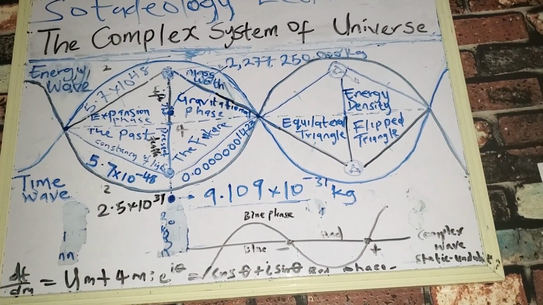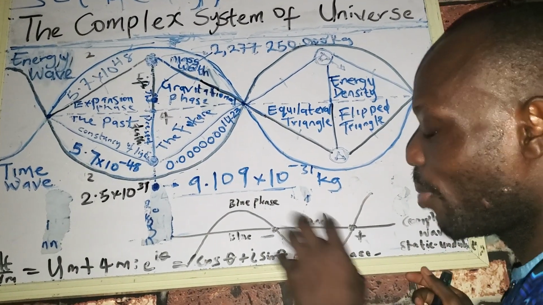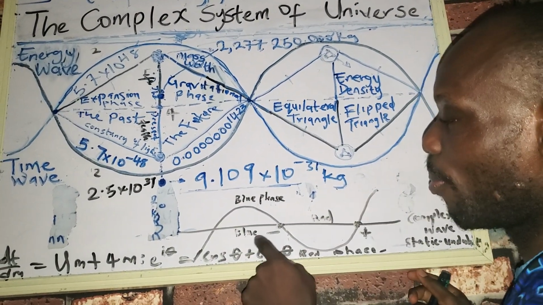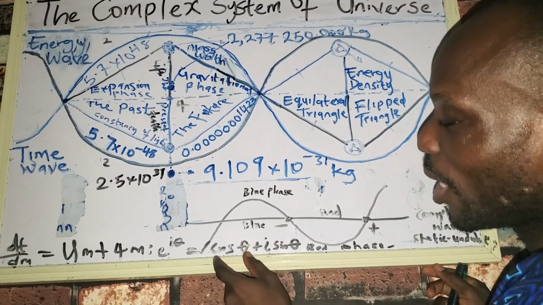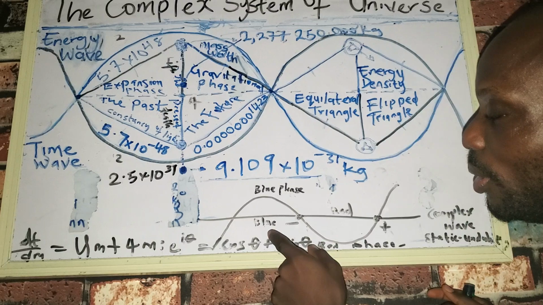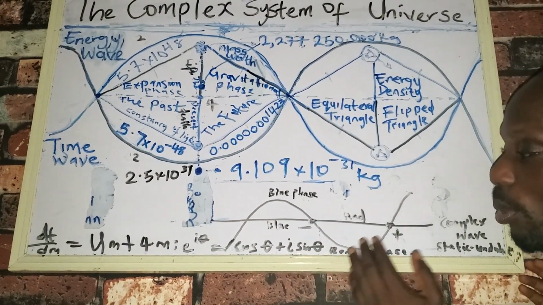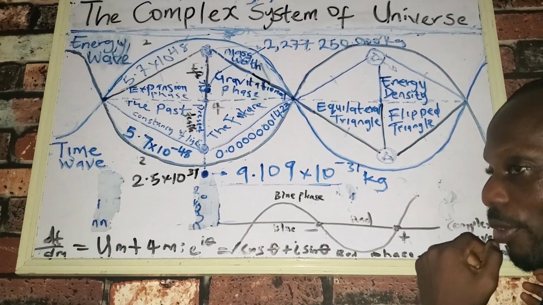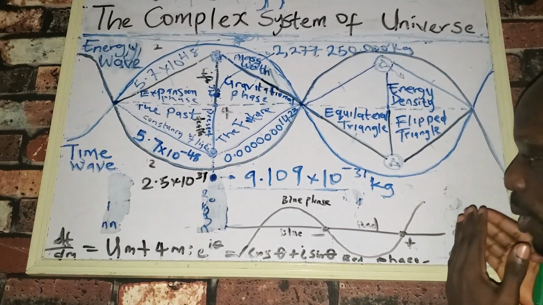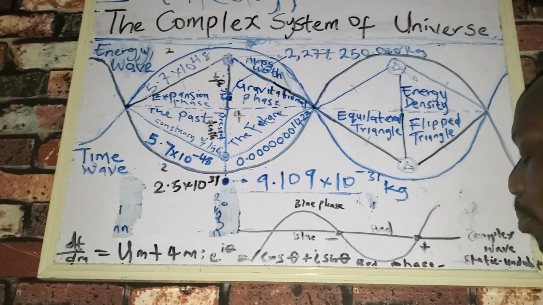So now, what I want you to pay attention to is the real wave. When we now extract the real wave, the imaginary wave will be suspended to the real wave. It will actually be, how am I going to put it?